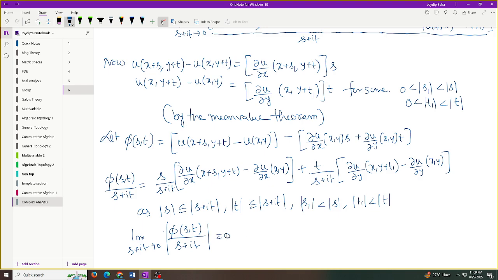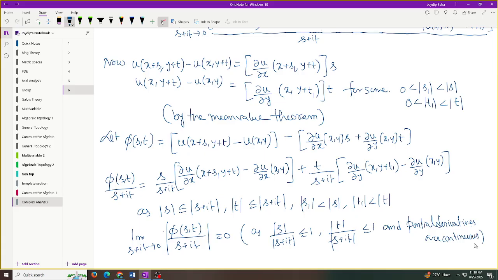So it is 0, so you can take this limit. Since the partial derivatives are continuous, as s plus it tends to 0, that means s tends to 0 and t tends to 0, so this is 0 and this is also 0, and these factors are less than 1.